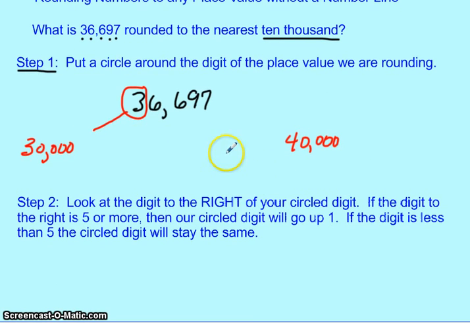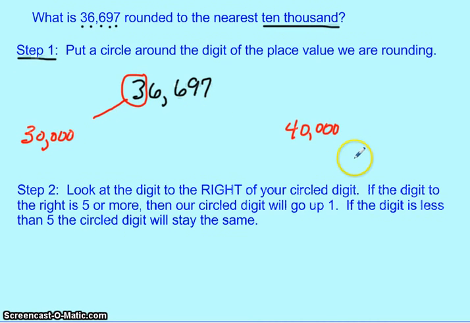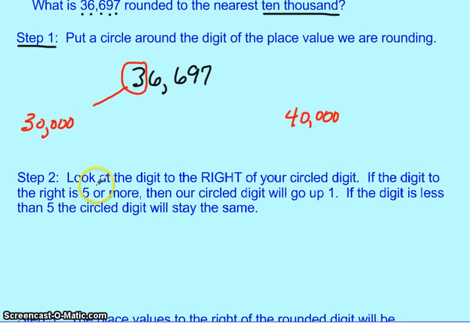All right, so now what's the next step? Once we focus in on where we are, we need to know if it's going to be closer to 30,000 or 40,000. Well, we want to look at the digit to the right of your circle digit. So if we take a look next door, because we know that this next place value over, it takes 10 of the 1,000s to make one 10,000.